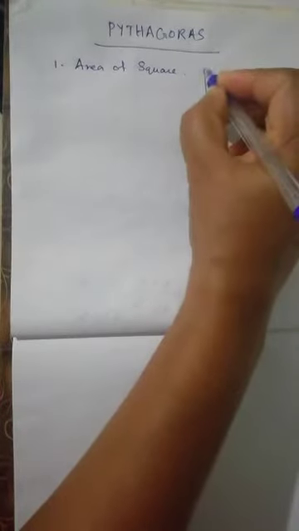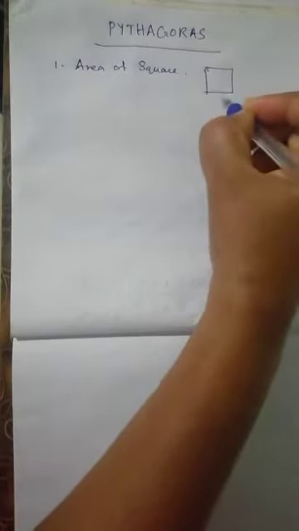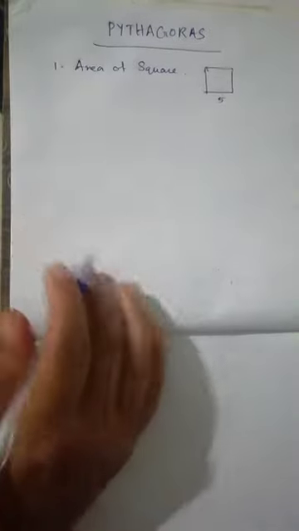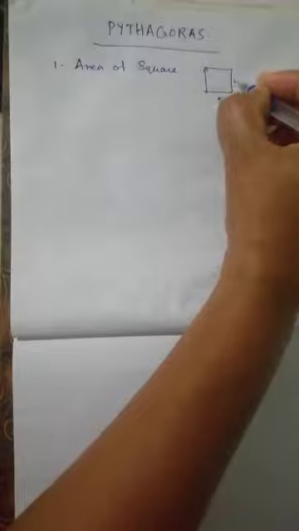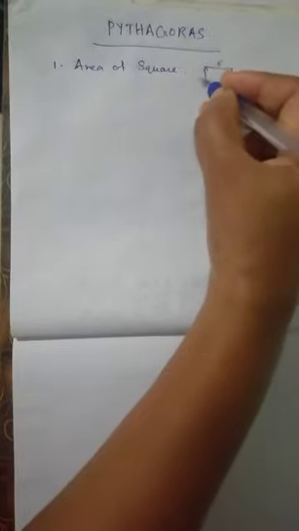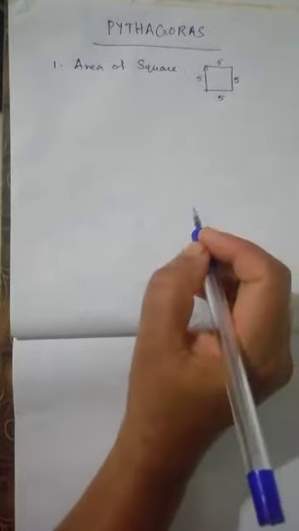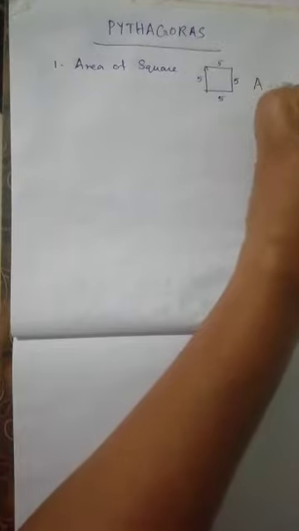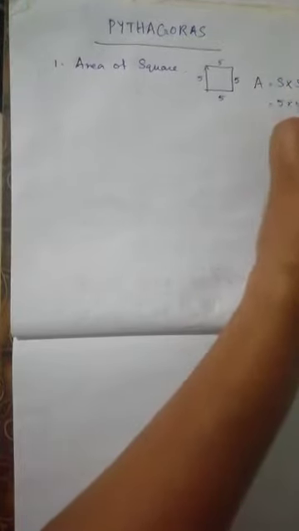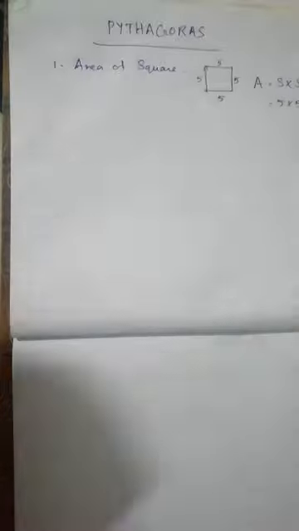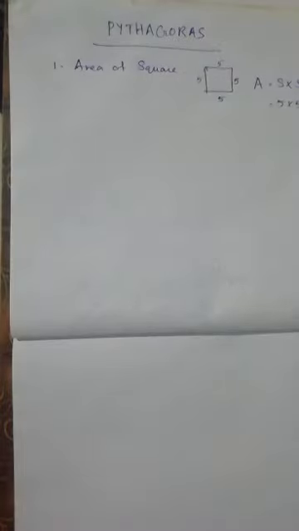If a square's one side is 5 centimeter, what is its area? One side is 5 centimeter, so the other sides will be 5 each because it is a square. Area is equal to side into side, 5 into 5, that is 25. 25 centimeter square is the area of the square.